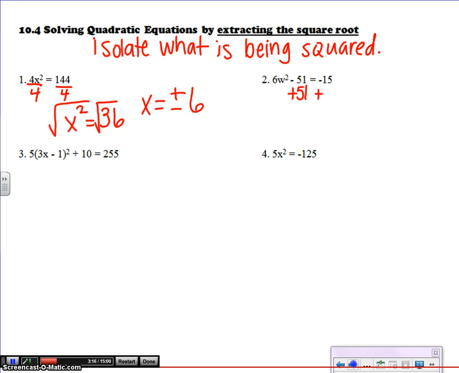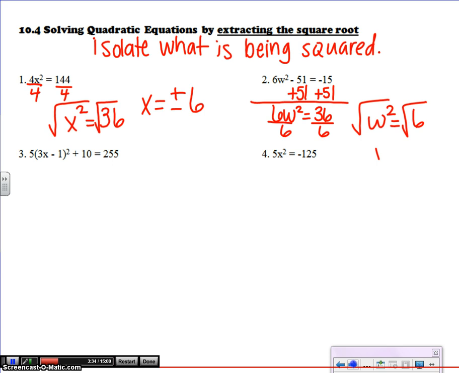So we add 51 to both sides. We have 6w squared is equal to 36. Of course, we watch our positives and negatives, divide both sides by 6, and we're left with w squared is equal to 6. We'll take the square root of both sides, and we will get that w is equal to positive or negative 2.45.